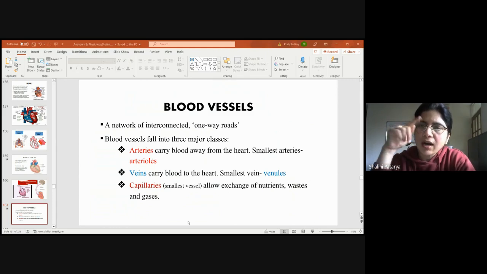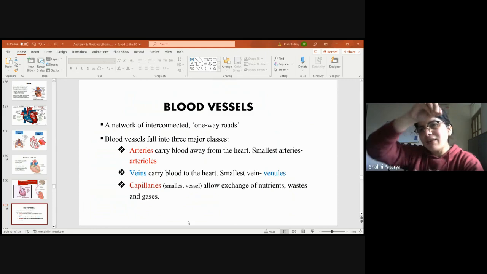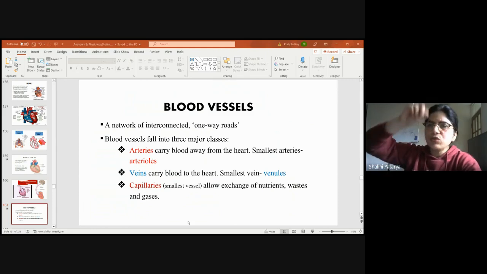So in your heart only, just draw a point anywhere between the atrium and ventricle portions. Put a dot there and mention that this is the sinoatrial node. And on your atrioventricular side, the tricuspid valve is there, right?